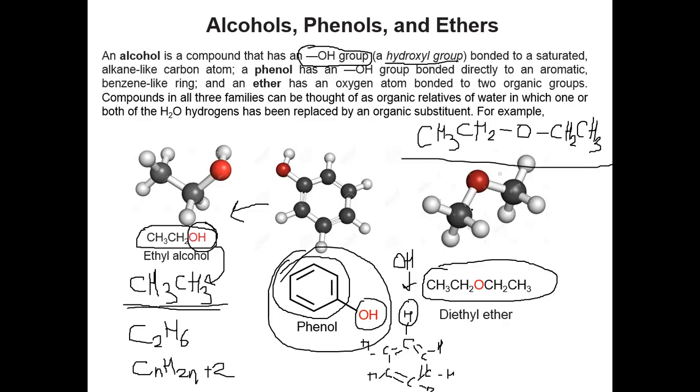Diethyl ether was used as an anesthetic in the past. So this is ether, and you can see the structure over here. If we have oxygen in the middle of this chain of hydrocarbons, bonded to hydrocarbons on each side, that is going to be an ether. Okay.